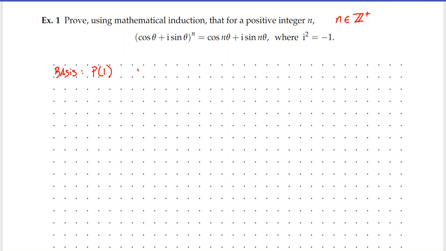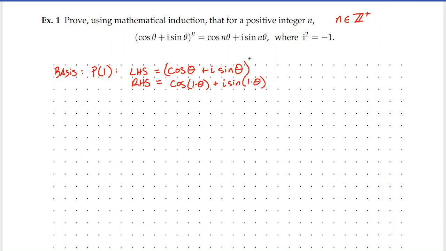If we look at the left-hand side of our proposition, it is going to be the cosine of theta plus i sine of theta, because there's just cosine of theta plus i sine of theta raised to the first power. And the right-hand side is also going to be the cosine of 1 times theta plus i sine of 1 times theta.